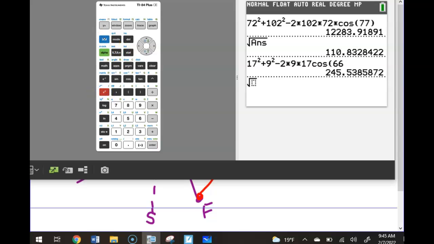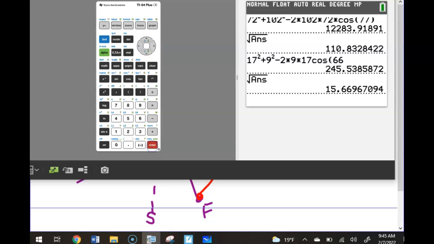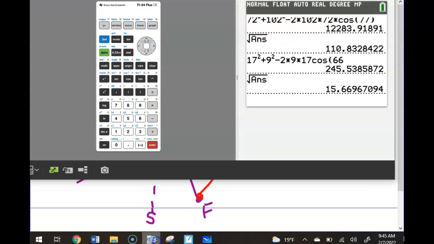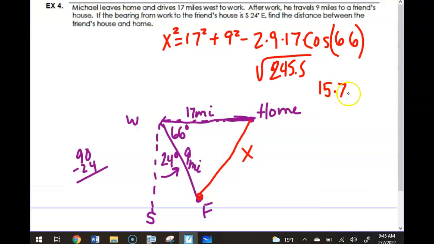Anybody getting that number? 15.7. Okay, did I remember the number right? 245.5, 15.7. And again, if somebody rounded along the way, they would get a slightly different answer, but it should be pretty darn close.